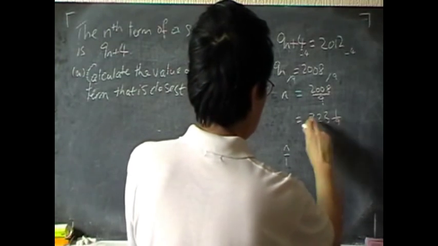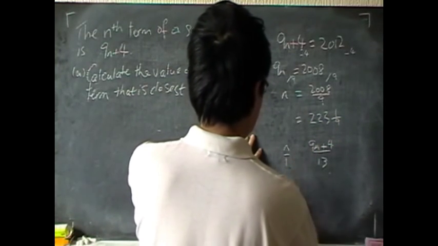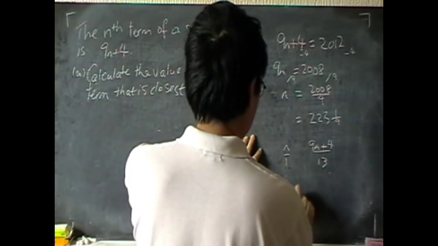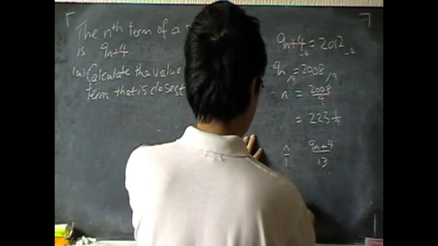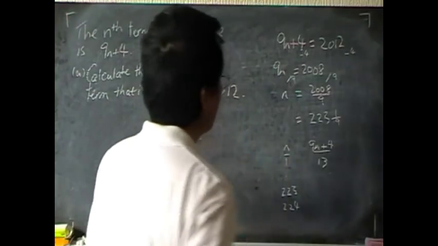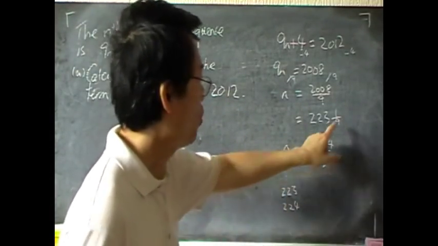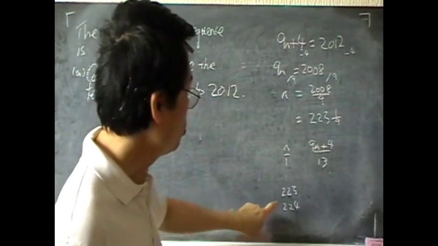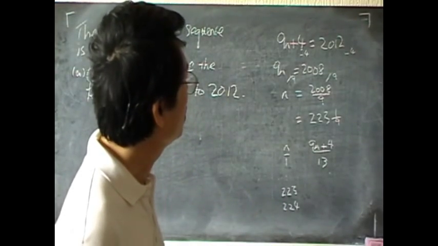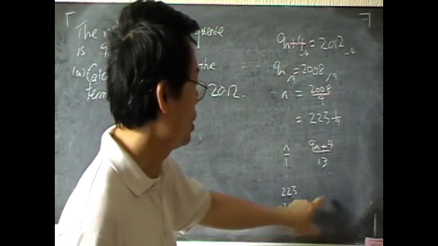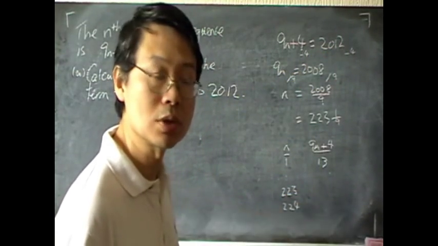Now, what we want to do is to do it for the terms 223 and 224, because 223 and 1/9 is in between 223 and 224. So this means that 2012 should also be in between the two terms.